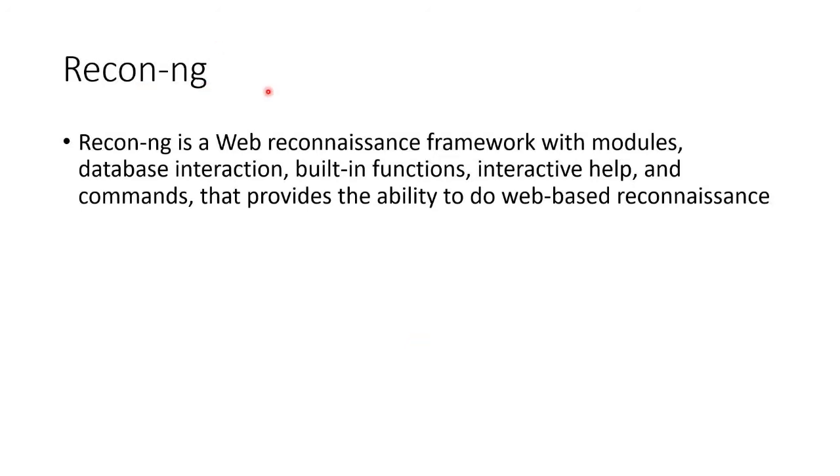ReconNG, another tool. It has a variety of modules. It interacts with various databases. It has a lot of functions, and it does web-based reconnaissance. Now, the way ReconNG actually works is you get API keys from various sites like Google and Shodan and LinkedIn.